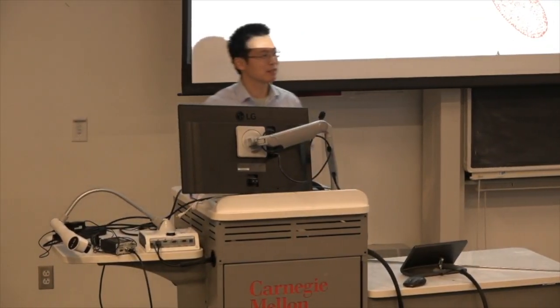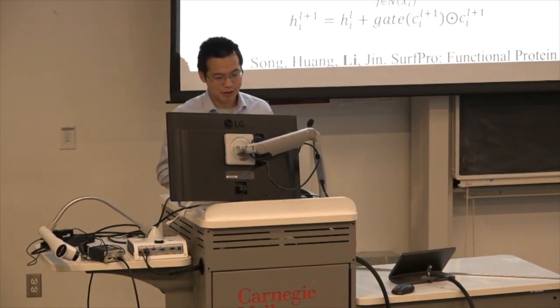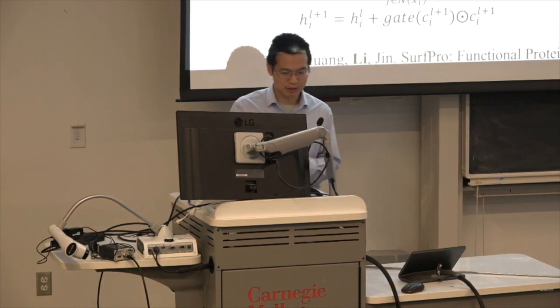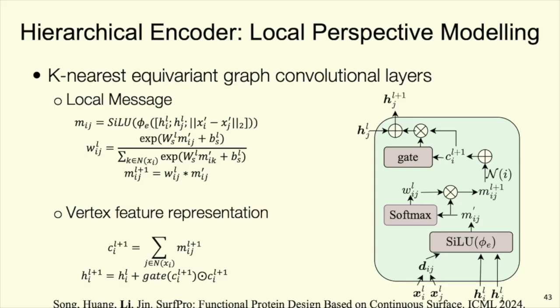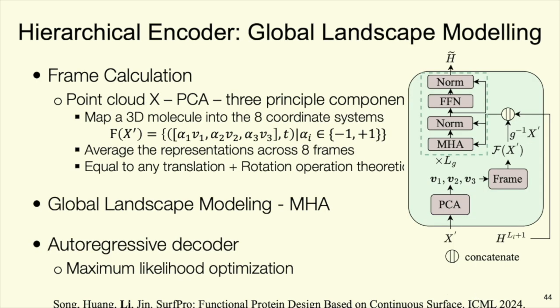Once we have this representation of the surface, we design two encoders. One is a local encoder to represent the individual vertices and the local geometries. We also have a global encoder that represents the correlation among all residues and all vertices on the surface.